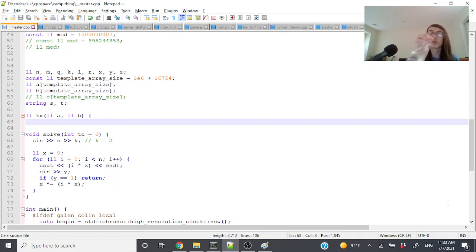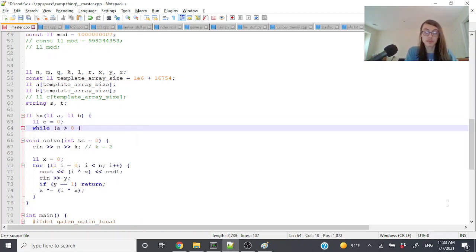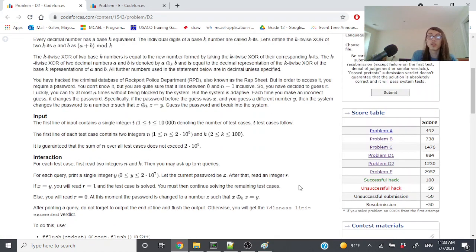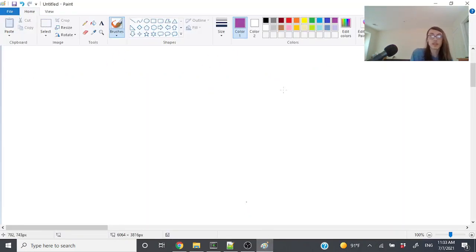So like while mod K, KB is equal to B mod K. So X XOR K is Z is equal to Y. So it's like basically X plus Z equals Y mod K. So we know X, we know Y, we need Z, so Z is equal to Y minus X mod K.